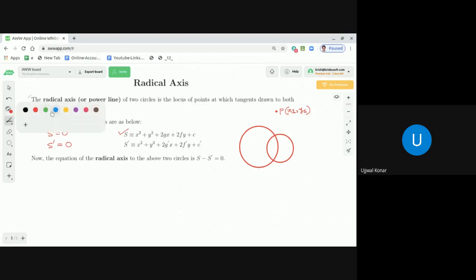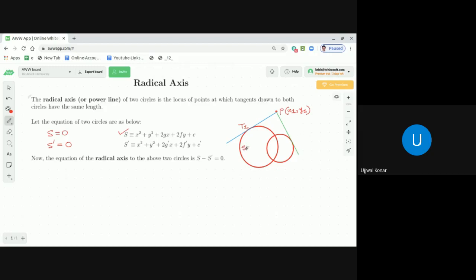First let me draw the tangent from the point P to this circle. This is the tangent. And let me draw another tangent from here. Now let's assume, dear students, that T1 is the point at which it touches the circle S equal to 0.